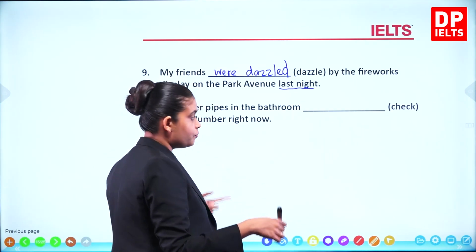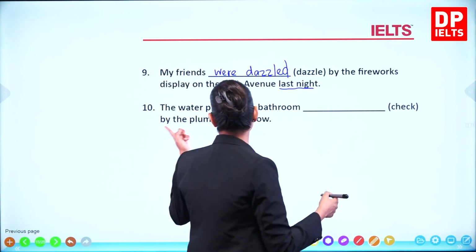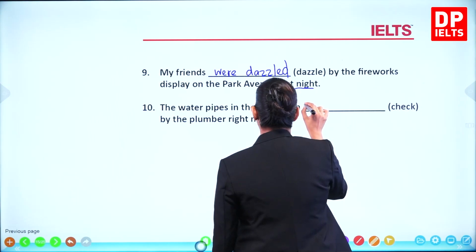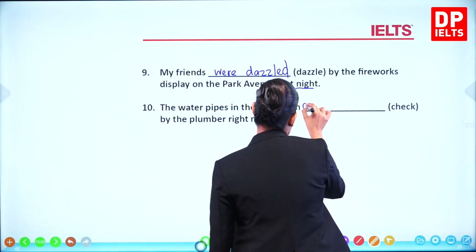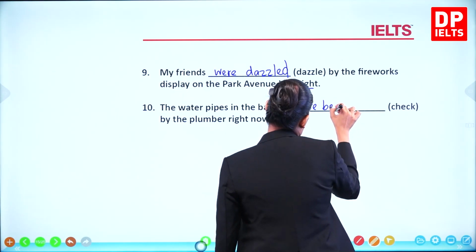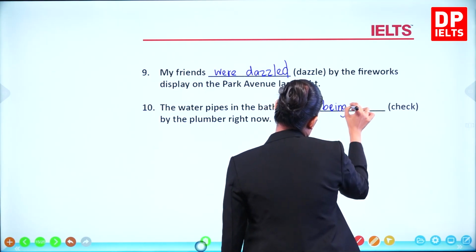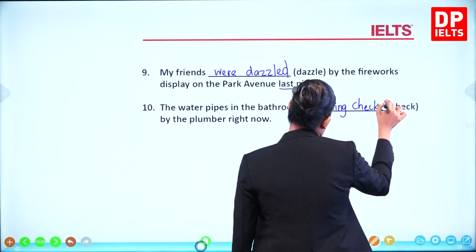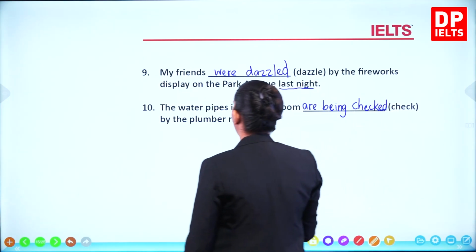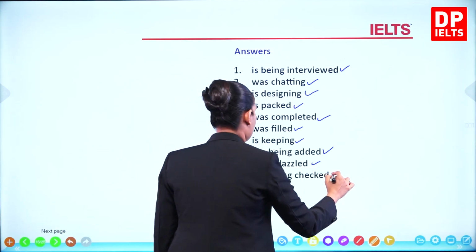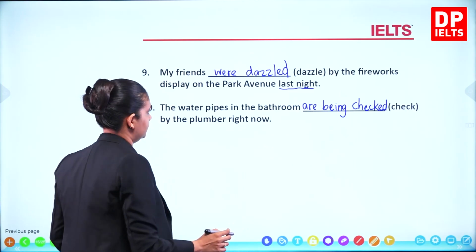Right now, present continuous tense. By means passive voice. So the water pipes in the bathroom are being checked by the plumber right now. And there you go, are being checked by the plumber.